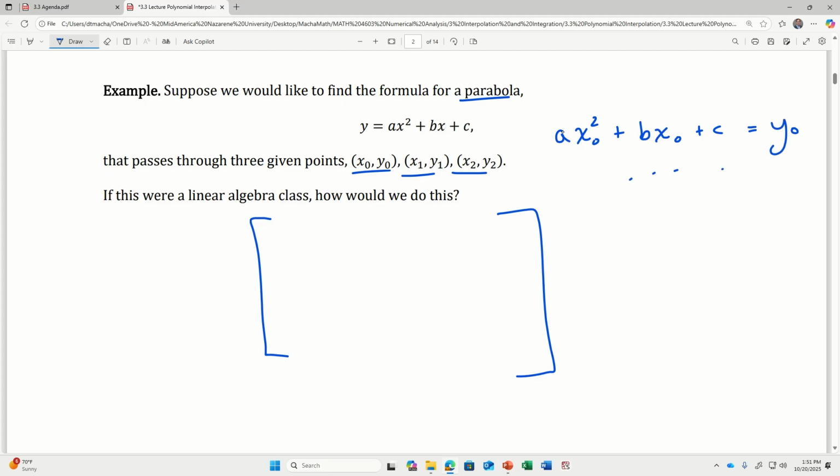And there would be 3 of these equations because I have the points x0, y0, x1, y1, x2, y2. And so when I went to make my augmented matrix, it would look like this.